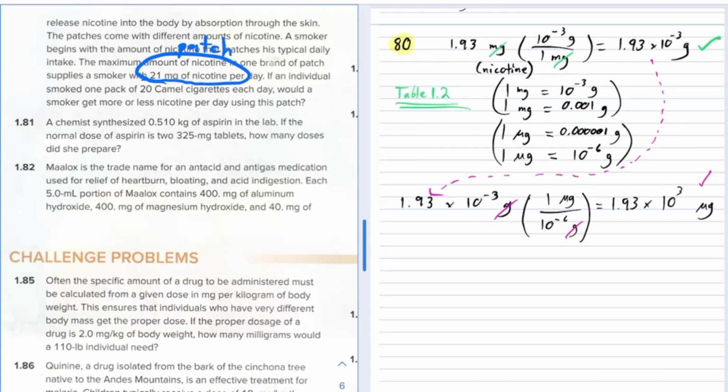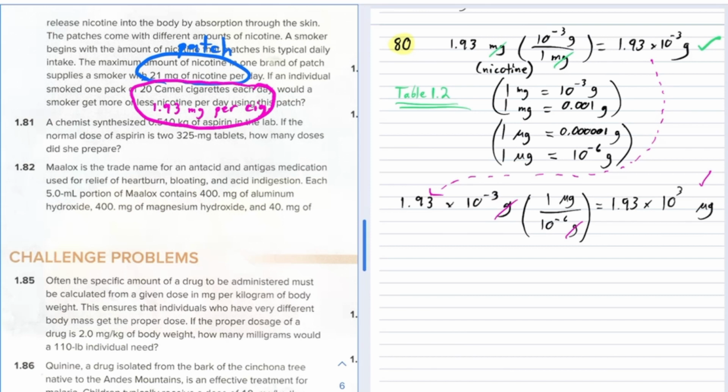Is that more or less nicotine than 20 Camel cigarettes? And each Camel cigarette, remember, is 1.93 milligrams per cigarette.